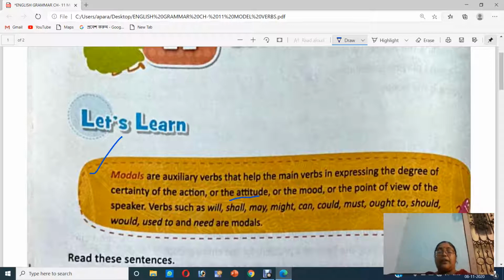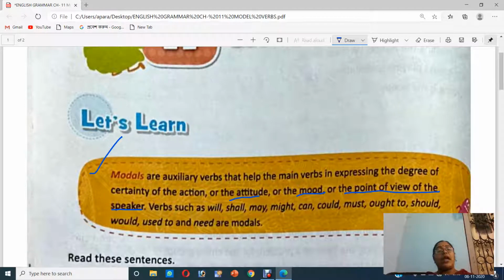Then the next is the mood, when we are writing the sentence, or the mood about whom we are writing the sentence. Then see here, the point of view of the speaker. If I say about the speaker, he would like to visit the school tomorrow, so the point of view of the speaker: what does he want to say in the sentence?